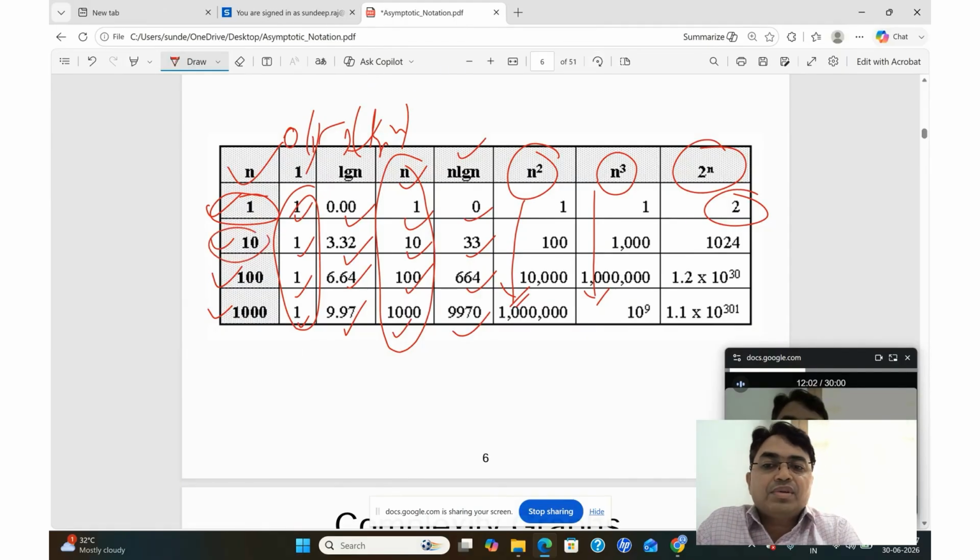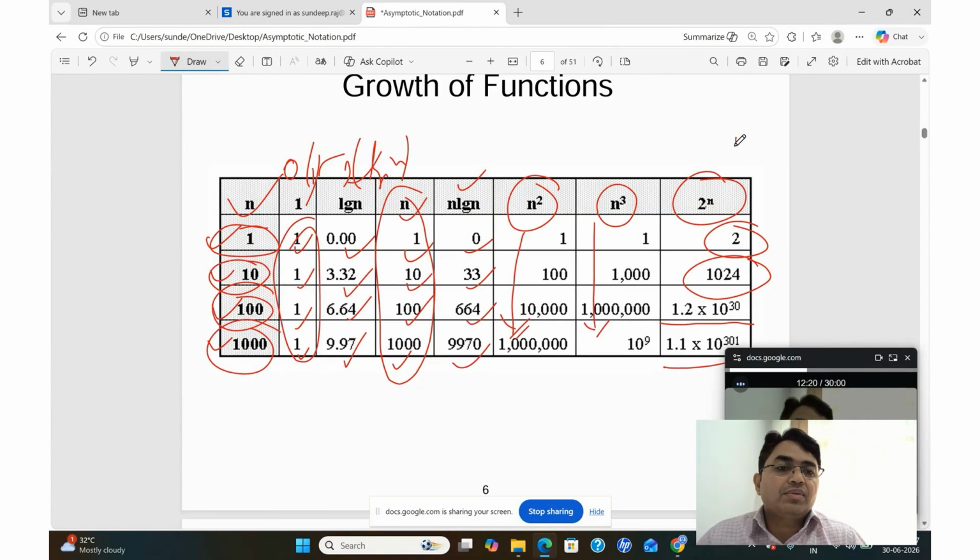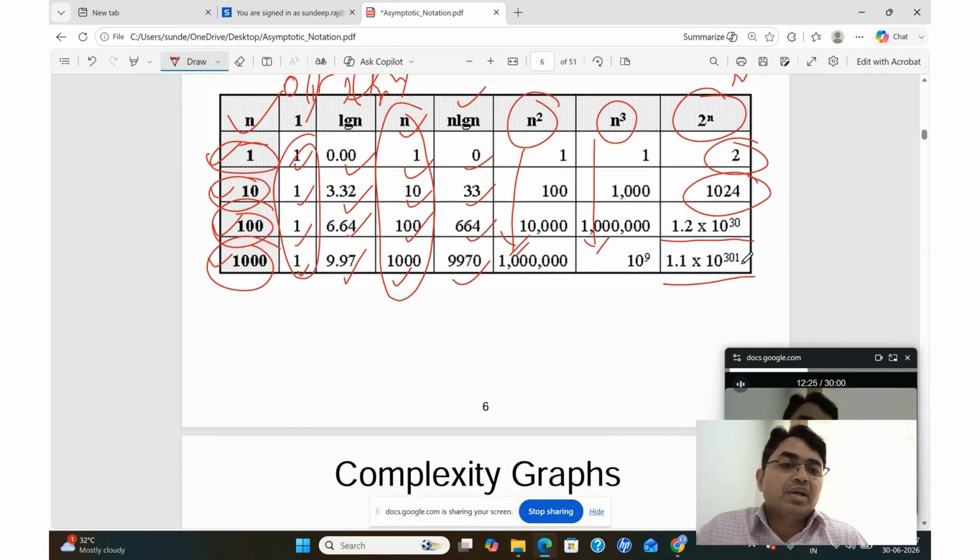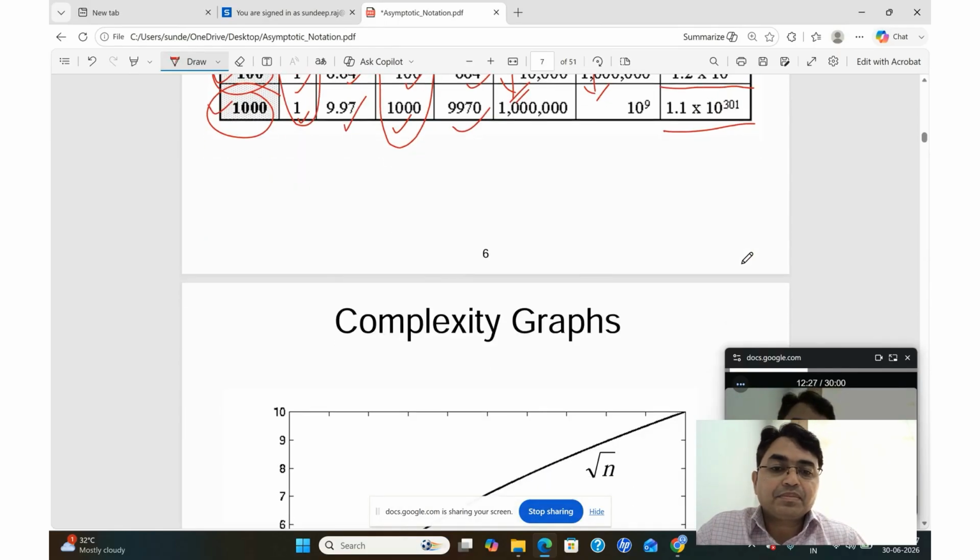In the case of 10 inputs, it will be executed 1024 times. In the case of 100, it will be executed 1.2 into 10 raised to the power 30 times. In the case of 1000 inputs, it will be executing 1.1 into 10 raised to the power 301 times. This means the exponential algorithm will be the bigger challenge.